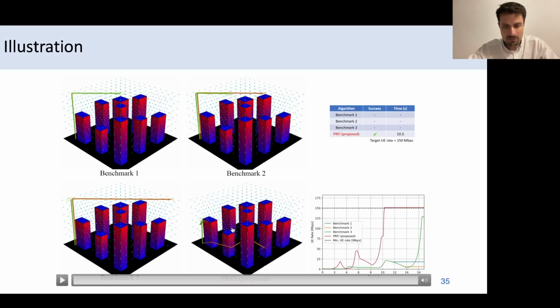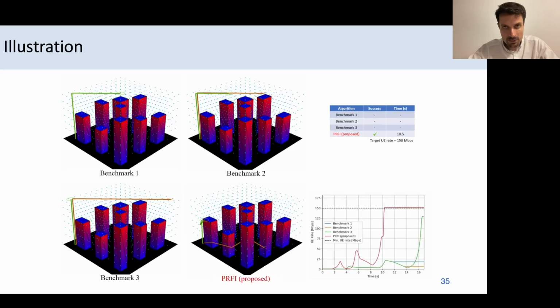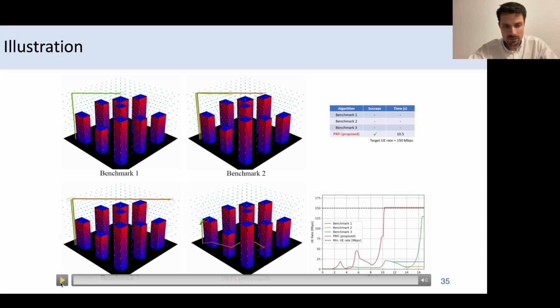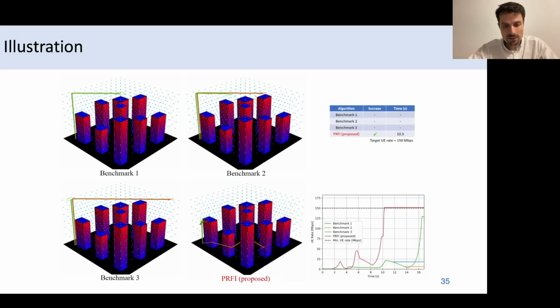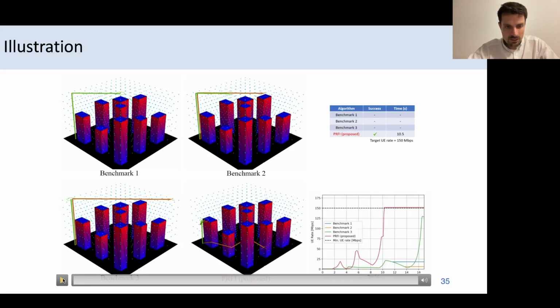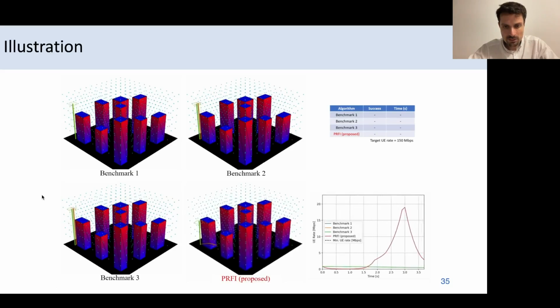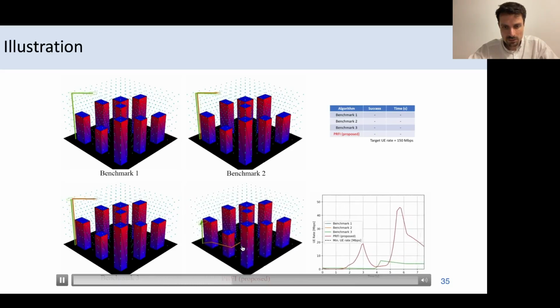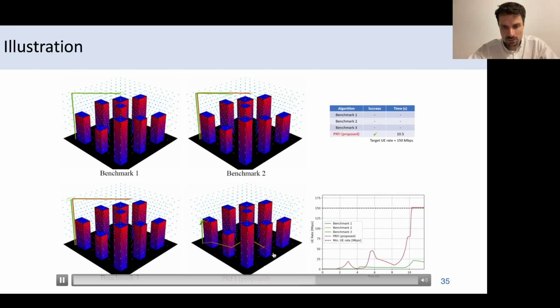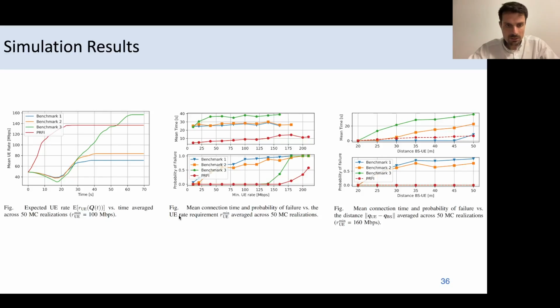Actually, I didn't mention, but the algorithm results in an optimal trajectory, optimal path, sorry, in certain circumstances. I can show it again, so you can see that it goes to the good place and the rate goes up quickly. So these are some simulation results.